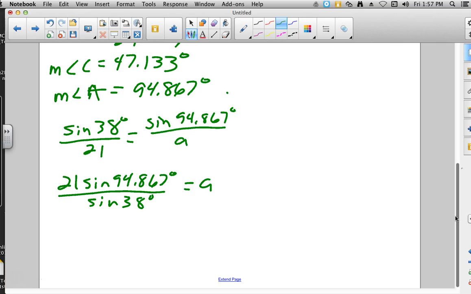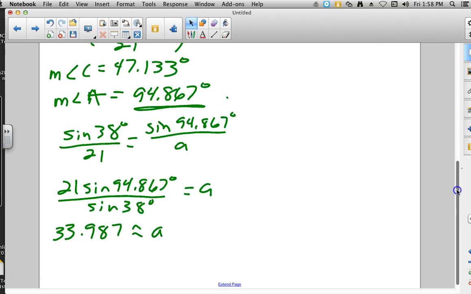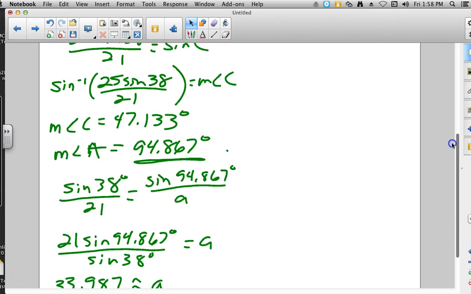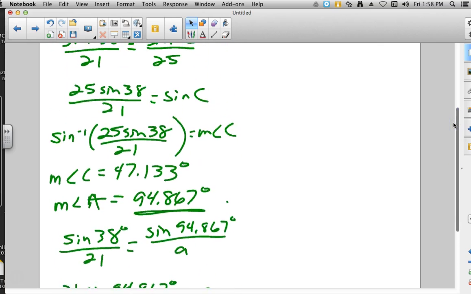And then we crunch that in. Again, if you have that answer already in your calculator, that is perfect. So you could punch in sine of the answer times 21 and divide by the sine of 38. And little a is approximately 38.987.